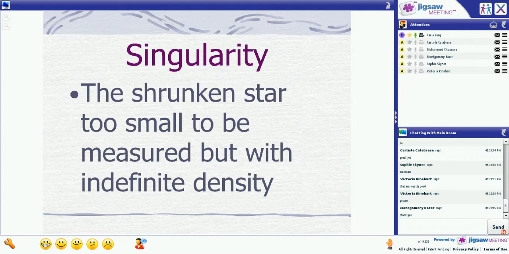And a singularity is a shrunken star in the black hole that is too small to be measured, but it does have an indefinite density.